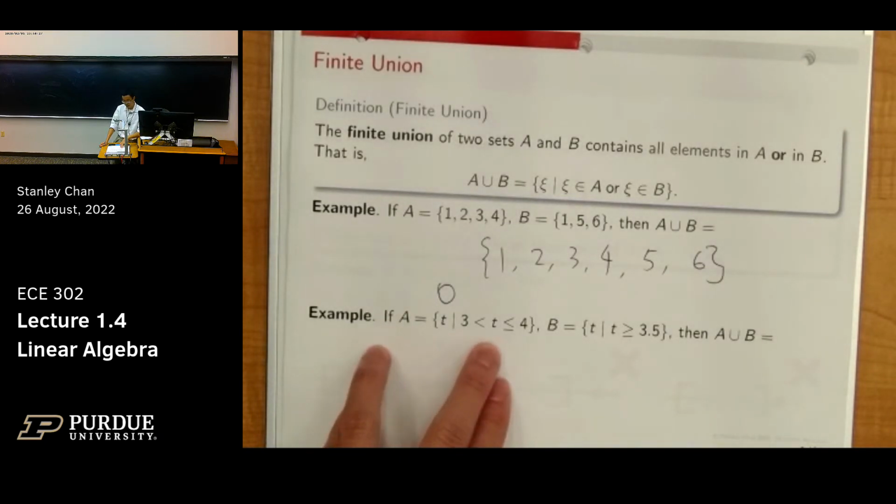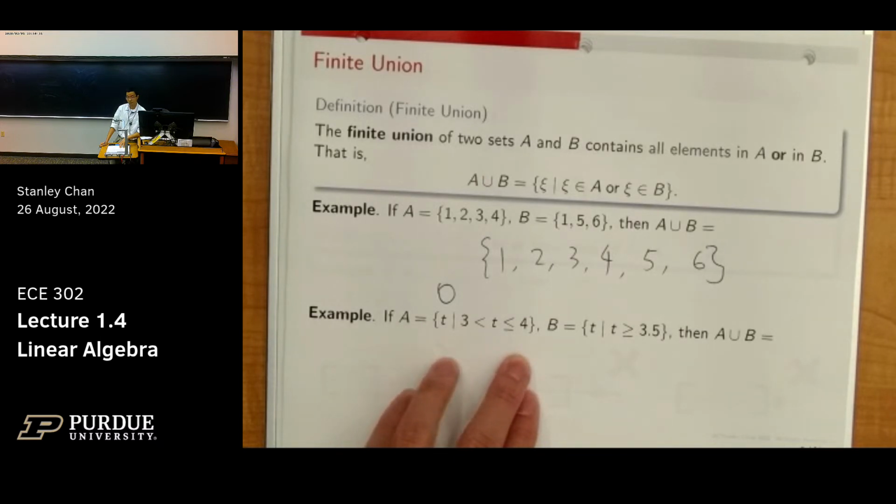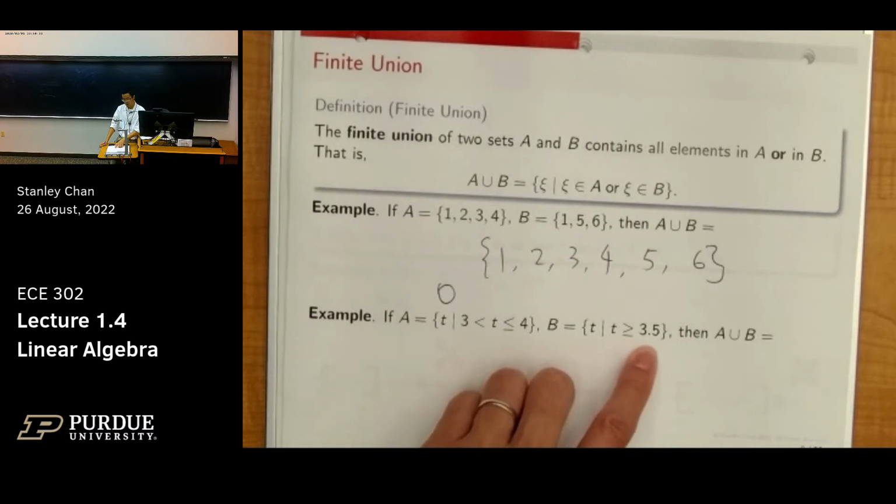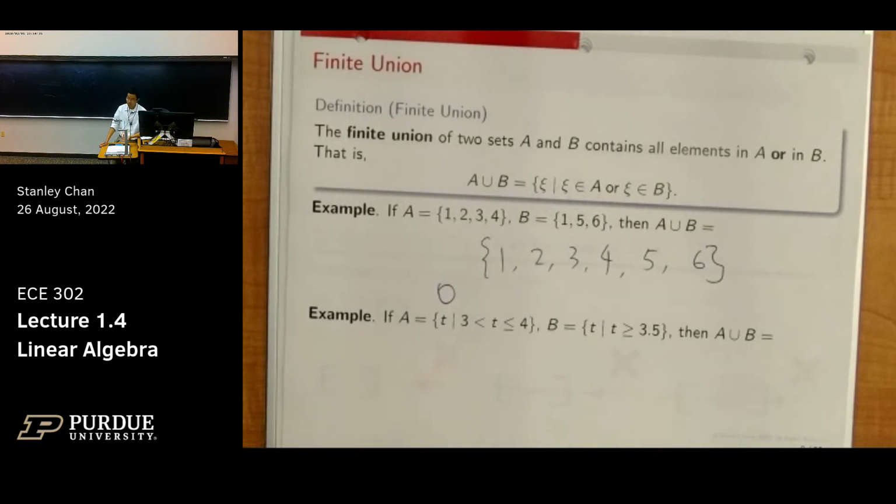How about this event? A is bigger than 3, but less than or equal to 4. B is greater than or equal to 3.5. Anyone want to make a guess? Yes.